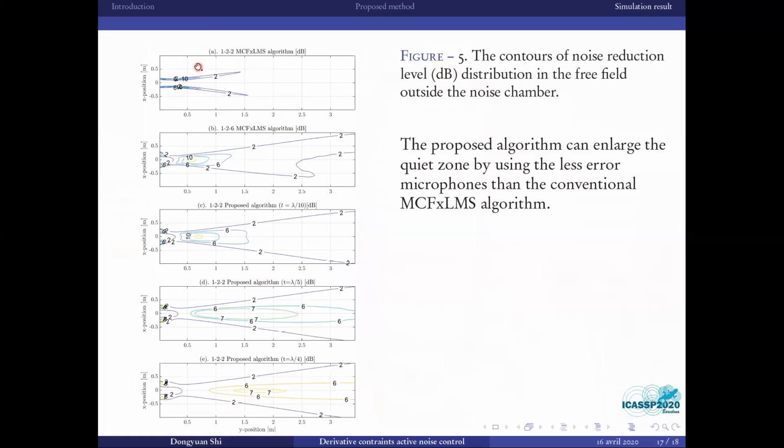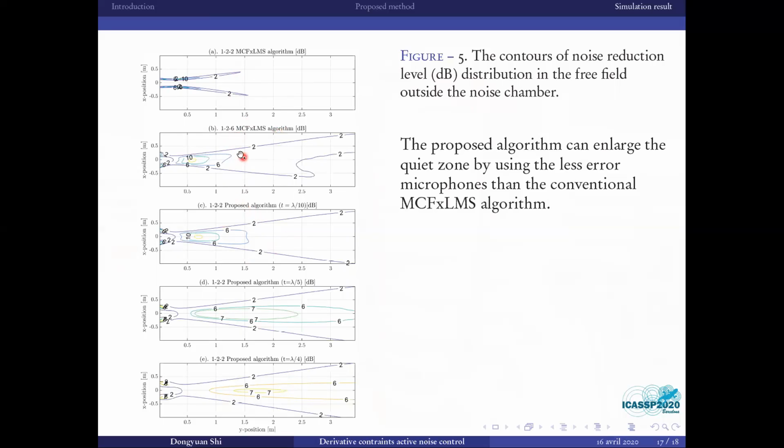From figure A, we can confirm the multi-channel FXLMS algorithm with 2 error microphones can only achieve a very small noise control area. It just gets local noise control. While the proposed algorithm, using only the 2 error microphones, achieves even better noise reduction performance than the multi-channel FXLMS which uses 6 error microphones.